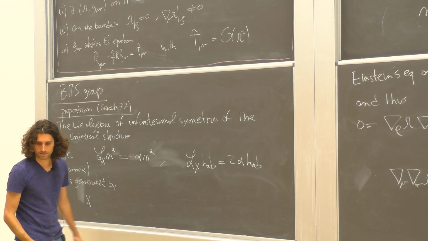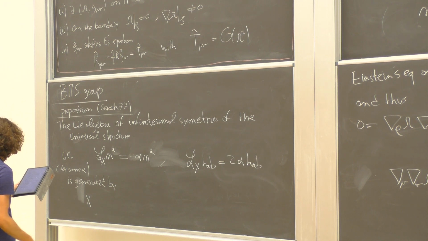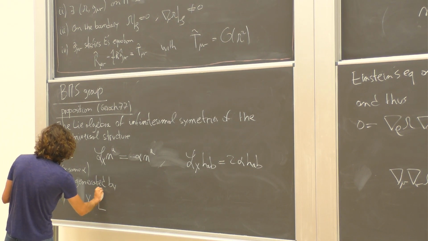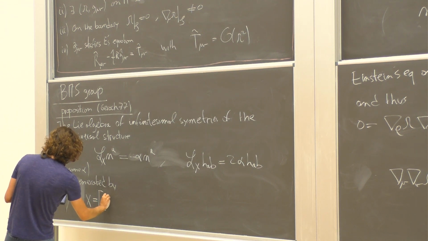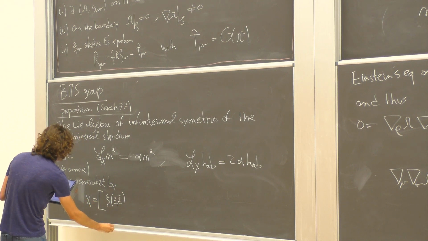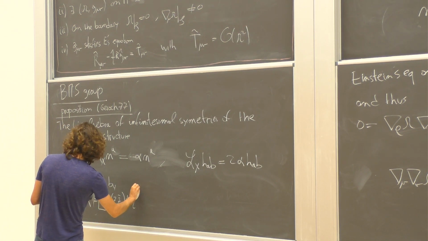And this is generated by a vector field X with the following form. We have two free functions, something which I'm going to call zeta of z and z bar, plus there is this divergent term.